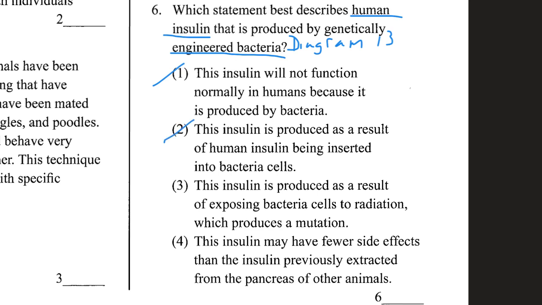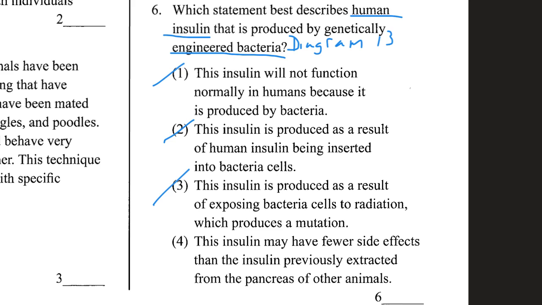Option 3, the insulin is produced as a result of exposing bacterial cells to radiation, which produces a mutation. Option 3 is incorrect because genetic engineering is not hoping that a mutation occurs and does what you want. Genetic engineering is a human going in and changing the DNA specifically and on purpose.